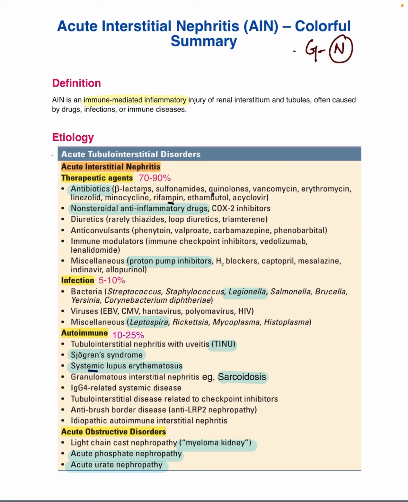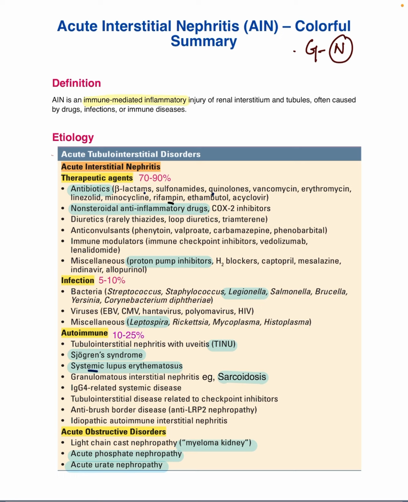Among diuretics, mostly thiazide and loop diuretics are the culprit drugs. Proton pump inhibitors are very commonly a cause of acute interstitial nephritis. Always remember, drug-induced AIN is the most common cause, about 70 to 90%.